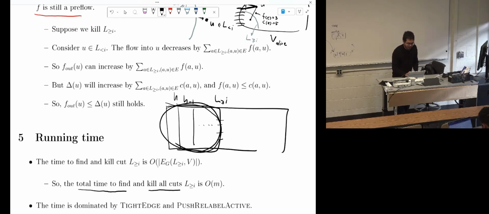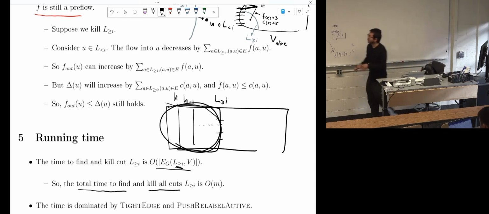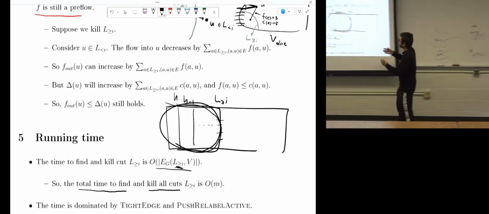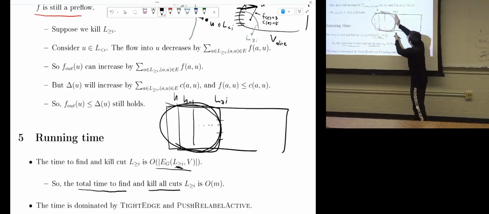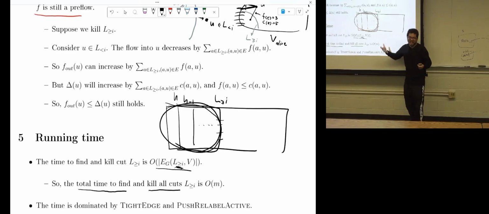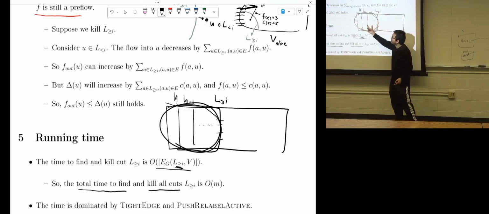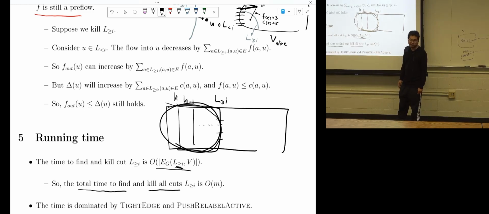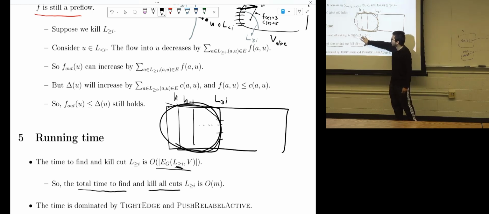We spend time proportional to the number of edges incident to the cut. Then when we need to cut again, we do a sweep cut again. So every edge is scanned by this process in constant time, once basically. So the total time to queue all the things is just linear.